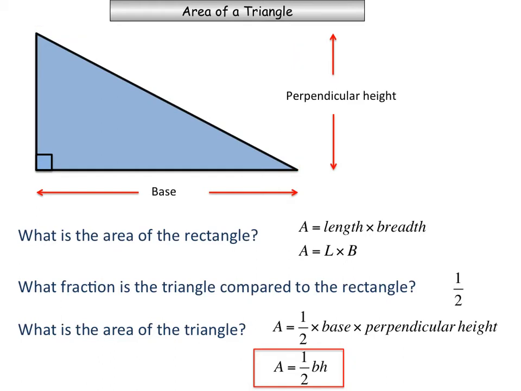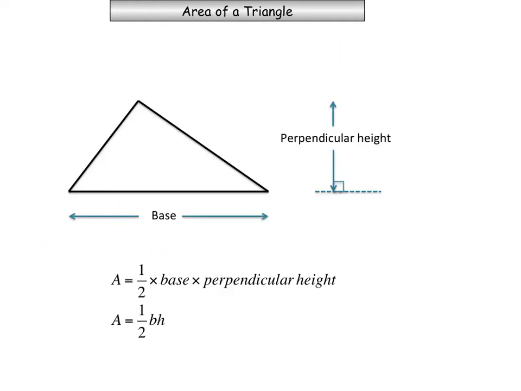So there's the relationship for the area and the base and the height for that triangle. So you can get any triangle if you know the base and the perpendicular height, and you can always work out the area. This triangle looks a little bit different because it's not a right angle, but I'm going to put in a few little markers in here so you can visually see why it's still a half.